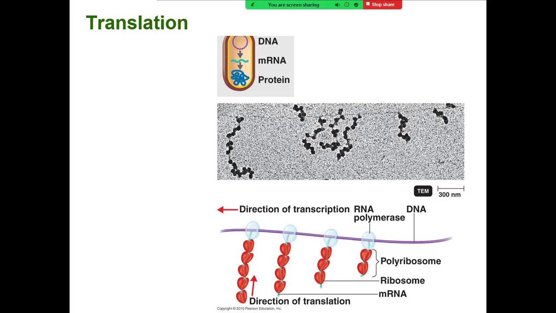In prokaryotes, we have another complication, and that is transcription is occurring in the cytoplasm. And you see these nodules here? Those are actually ribosomes being bound to the messenger RNA.